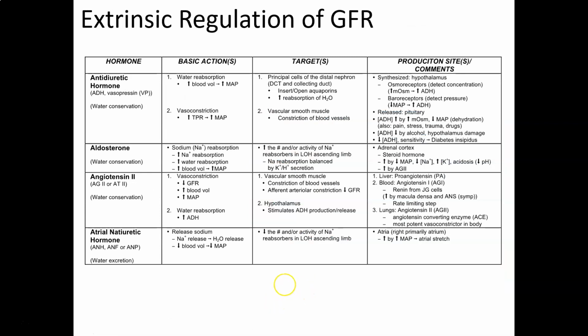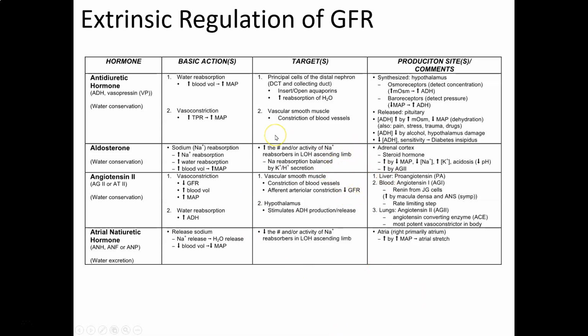So this is a good guide here, and you'll see a similar type of table likely posted on Canvas for you to study from. I think it kind of puts everything in a nutshell and helps you to kind of figure things out.